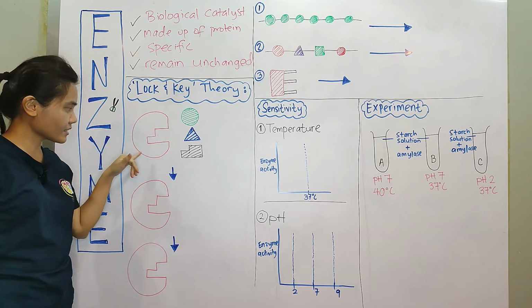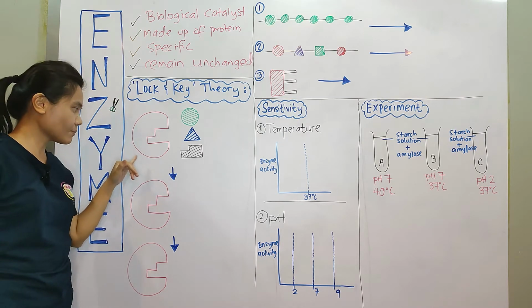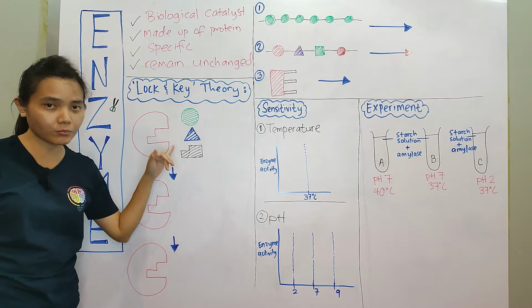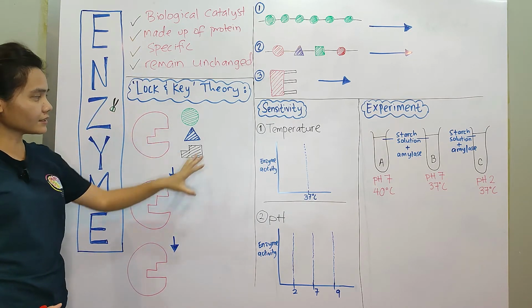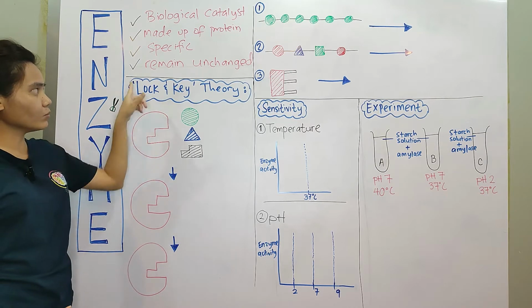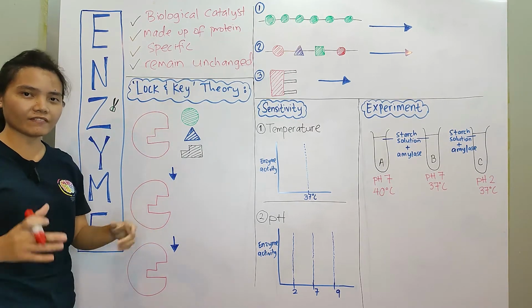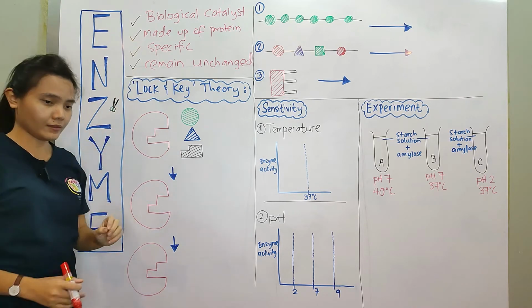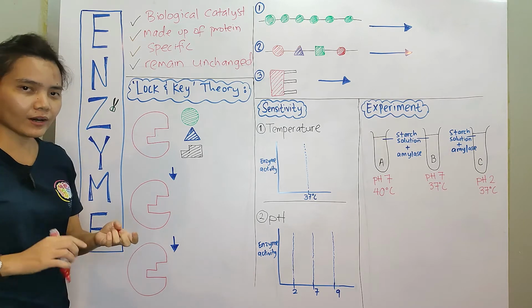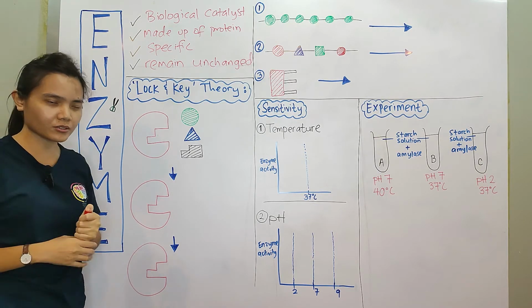For instance, if this is amylase, it will only break down carbohydrates. If this is protease, it will only break down protein. Then the fourth one, after the process, this enzyme will not change itself, so it remains unchanged after the process. So in exam, if you are asked what is enzyme, or define enzyme, the question is a 2 marks question.